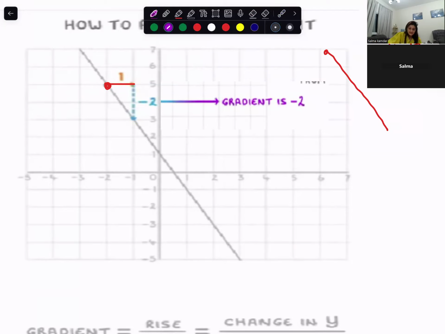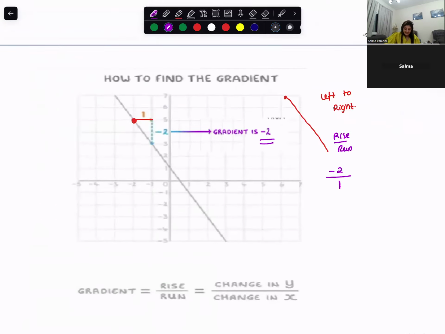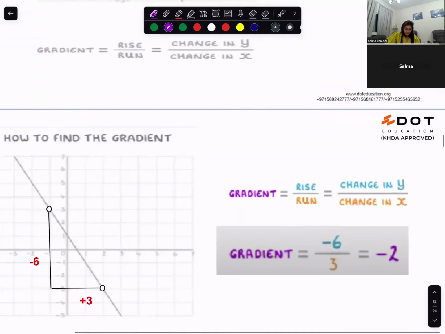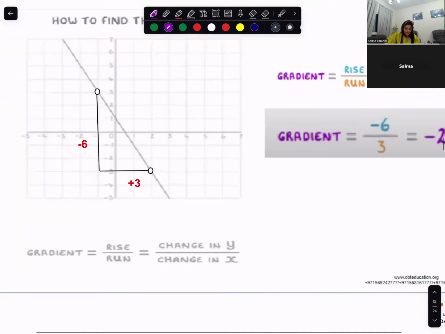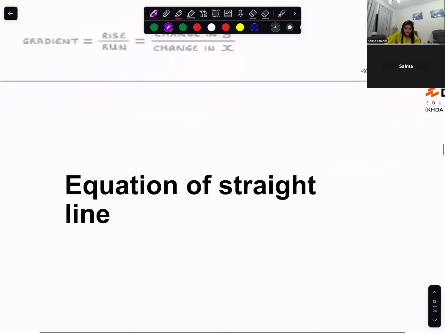This is how you find gradient, by looking at the graph. So I would say rise over run. But here there is no rise. My rise is negative and the run is 1. That means across is 1. So my gradient of the line is -2. Okay. So this is how I find my gradient.